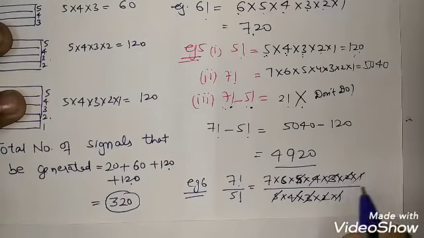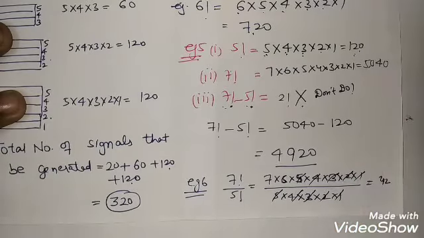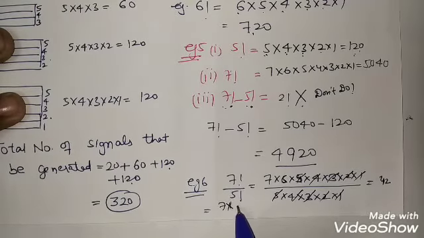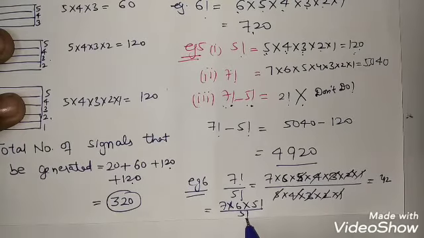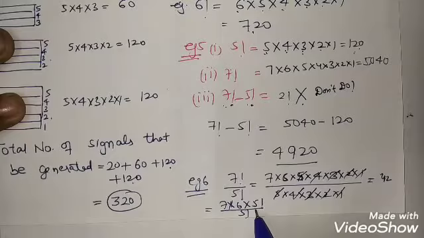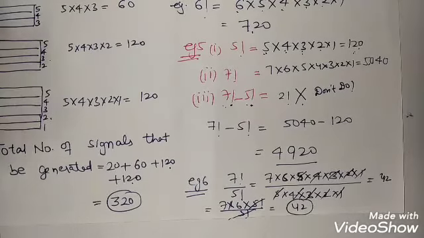This is 42. I am saying there is no need to write the same thing again and again. You can write it as 7 into 6 into 5 factorial upon 5 factorial. Why so? Because 5 factorial means the same thing. So 5 factorial will be cancelled. It is 42. Okay. Hope you got this.